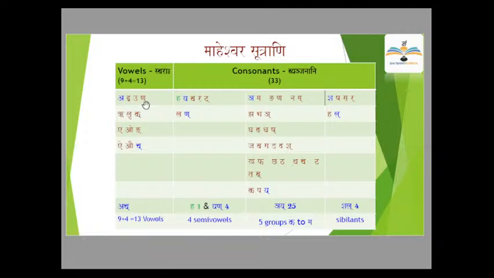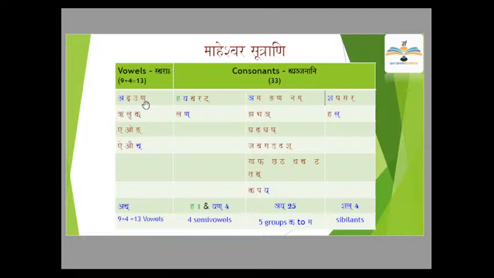Now in the beginning of the class, in the first lecture, I told there are 13 vowels, but these 13 vowels mean dirgha vowels, like long vowels, are also there, right? The long vowels are actually part of these vowels, like A, I, U. These are short vowels, the actual vowels, and the other types of vowels are long vowels, dirgha vowels.